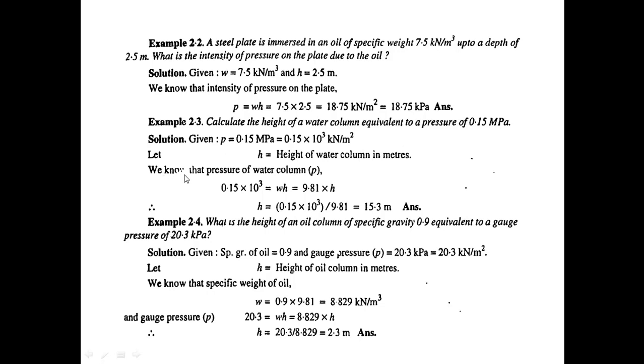So we know that pressure of the water column, the basic equation, is P is equal to omega H. The pressure value is given, which is equal to 0.15 into 10 raised to power 3, which is equal to omega H, and the value of omega is 9.81, which is the value for water, and H is to be found out.